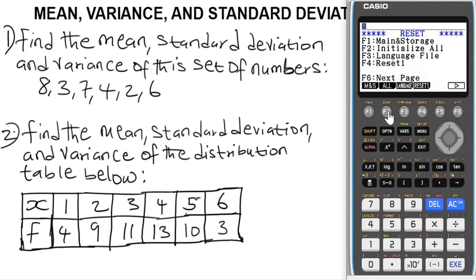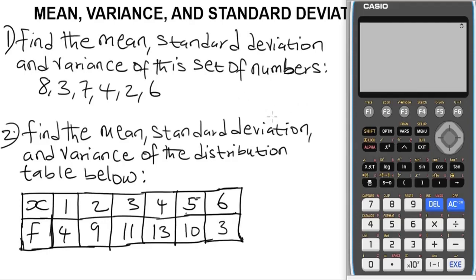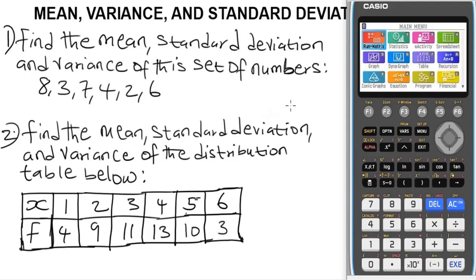Now press F2 to initialize all, then press F1 and it will begin to initialize all. It's done. Press exit. Now we're going to go to statistics mode. So this is statistics. You press execute under it.